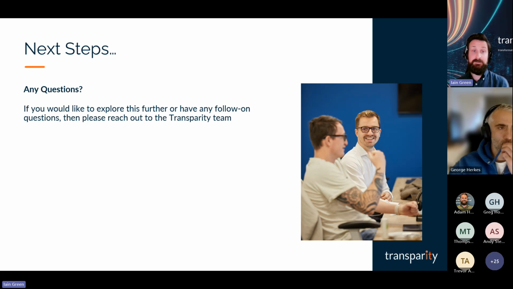A DLP policy in audit mode, so you can get a notification, but it doesn't block people from sending. Let that bed in, let the user education happen, and then feed back with another loop to increase that protection. You have this rolling system, which helps with user adoption and doesn't disrupt everyone's day-to-day.